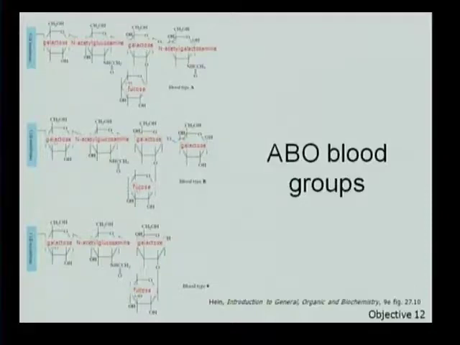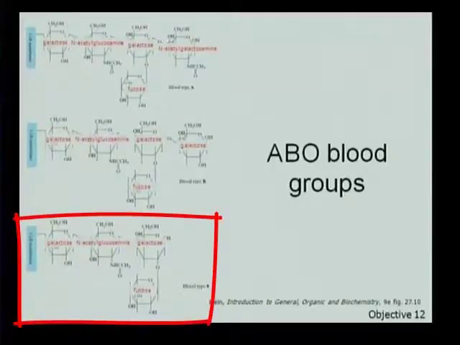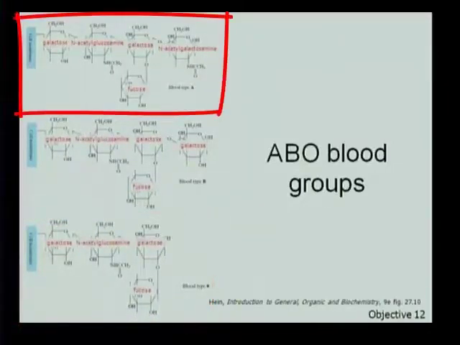All the red blood cells of our body have whatever blood type is characteristic of us. So if we have blood type O, as I do, then all of the red blood cells contain this bottom structure on their cell surface, identifying them as red blood cells of blood type O. In addition, if we have blood type A, we not only have the blood type O structure on the surface of our red blood cells, but we have the additional structure of blood type A shown at the top here.